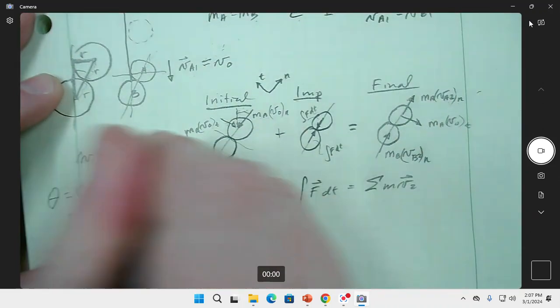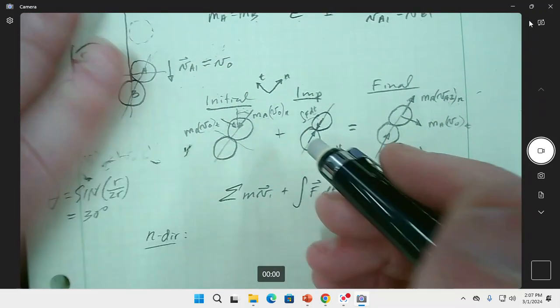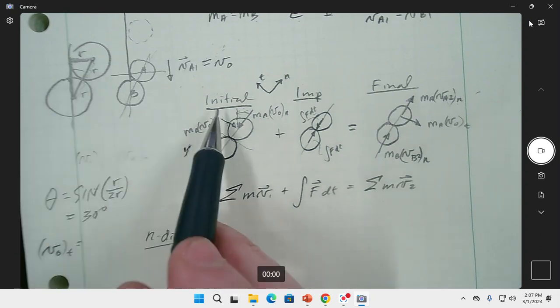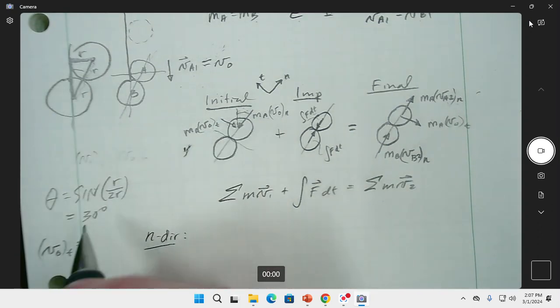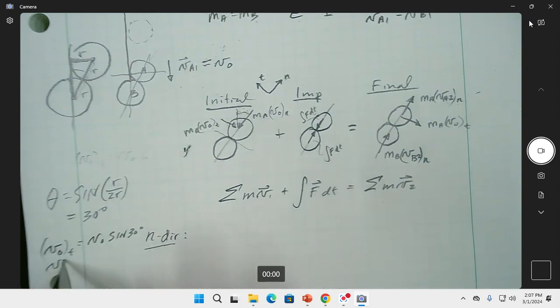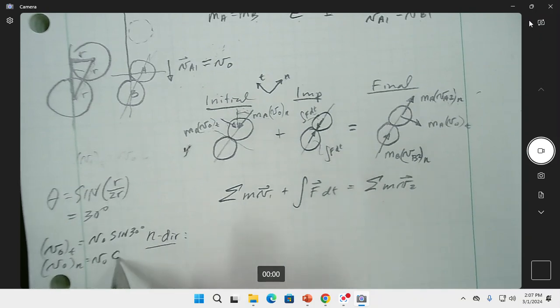So, I wrote that in a very inconvenient spot. I could write that V tangential is going to be V0 times the sine of 30 degrees. V0 normal is V0 cosine.